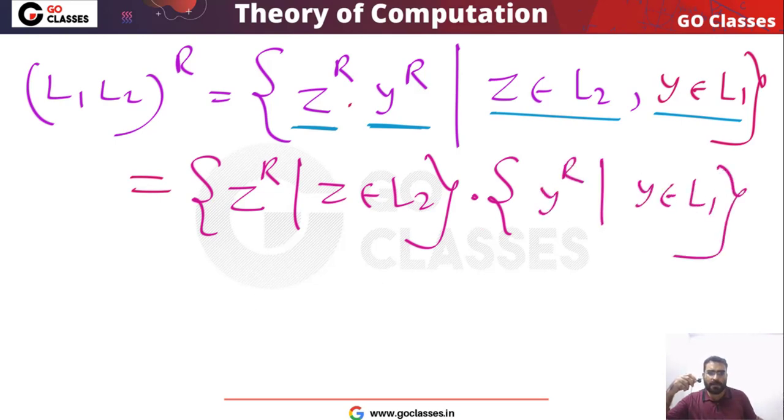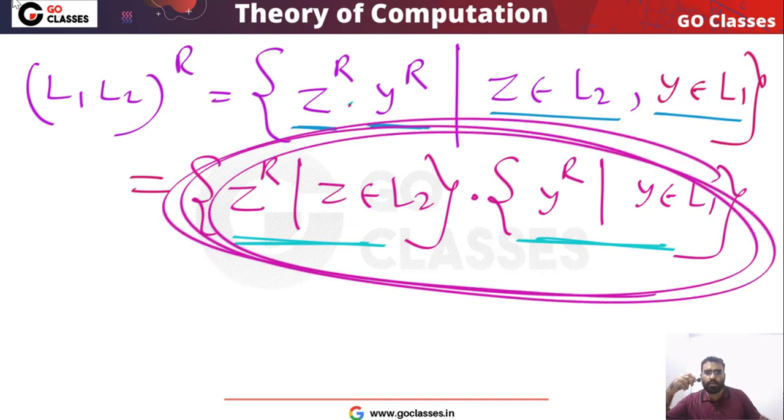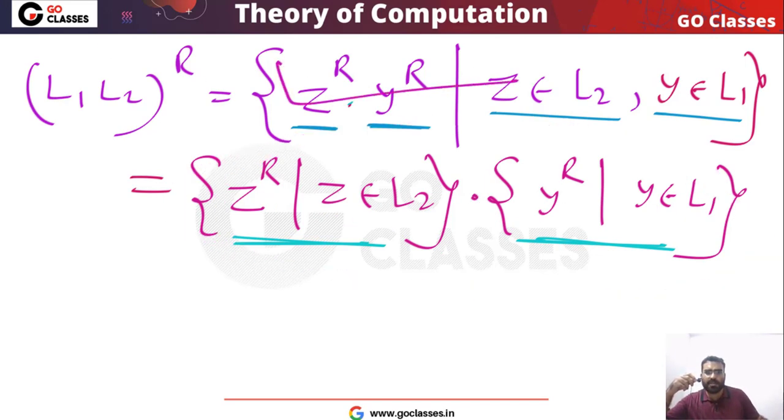Both are the same thing, because Z reverse has Z coming from L2, Y reverse has Y coming from L1, and this is the concatenation.